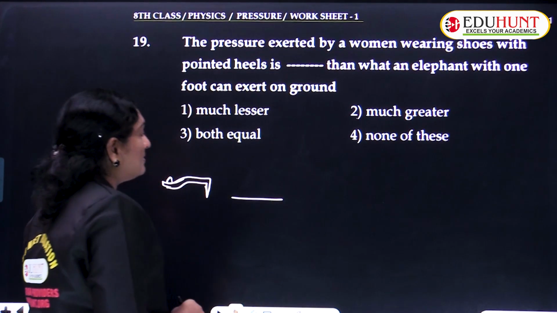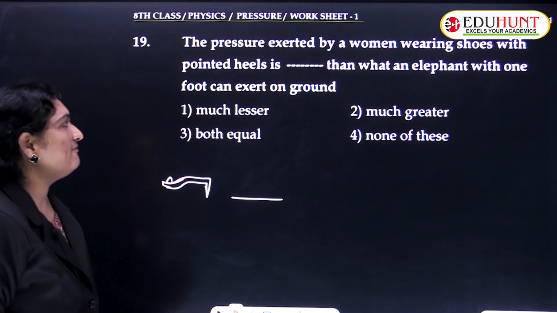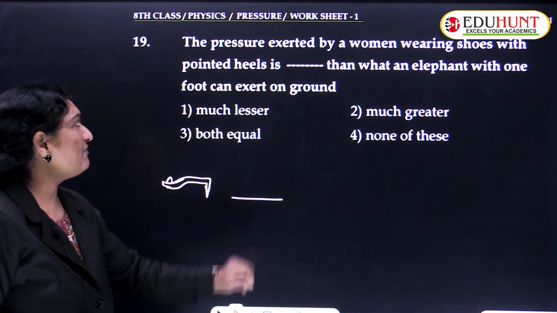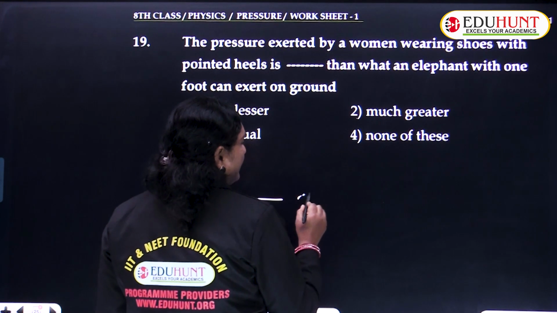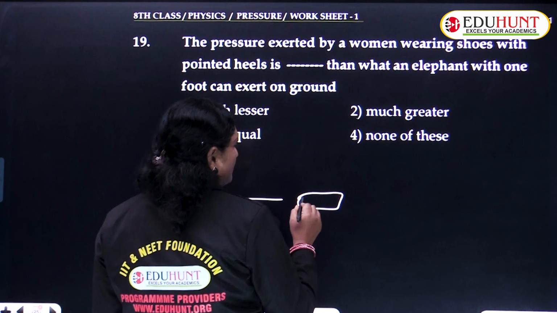So they are comparing the pointed shoe of a woman with what an elephant with 1 foot can exert on the ground. So elephant leg you have to consider something like this.